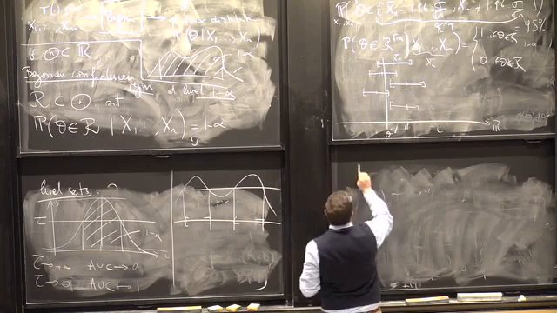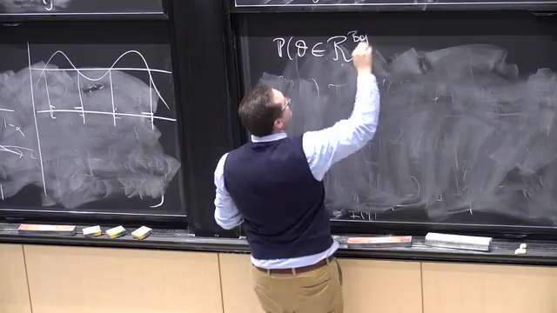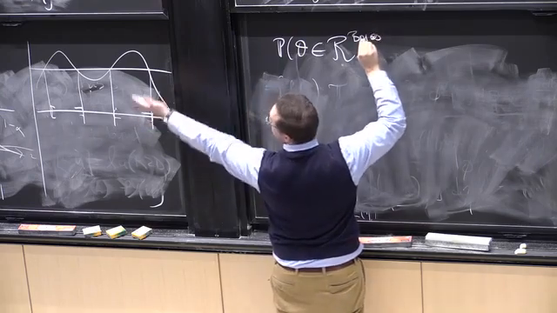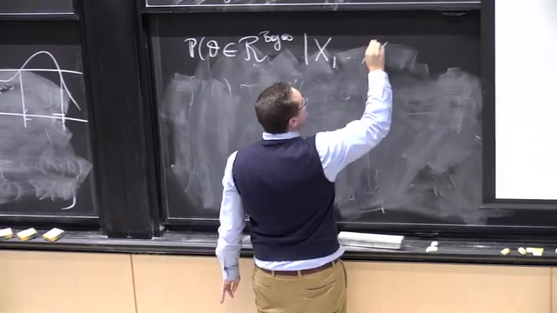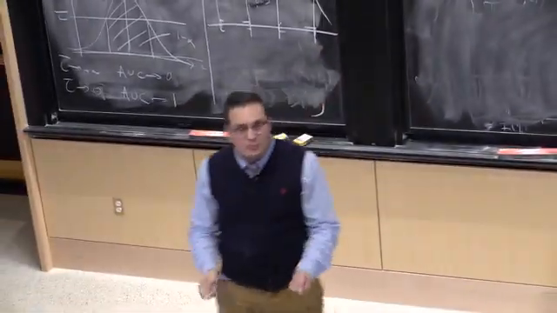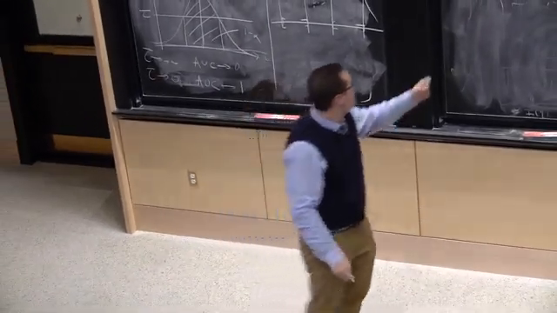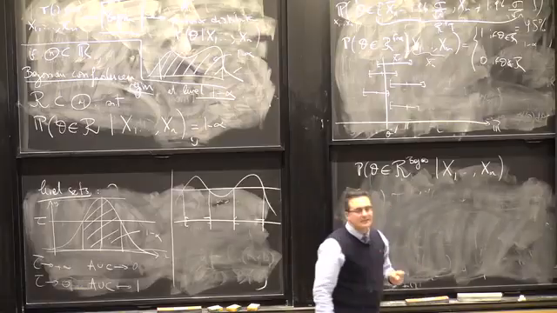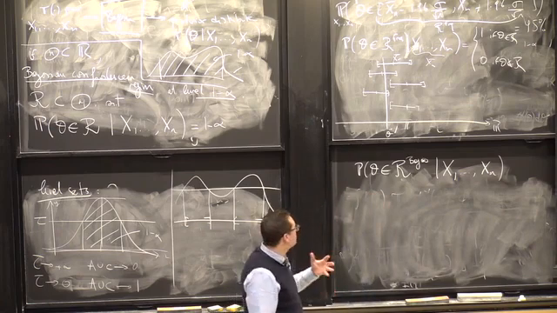When I said that the probability that theta belongs to R, and here I'm going to specify that it's a Bayesian confidence region like this one, this is actually conditional on the data that you've collected. It says, given this data, given the points that you have, put in some numbers if you want. It's telling you the probability that theta belongs to this Bayesian confidence region.